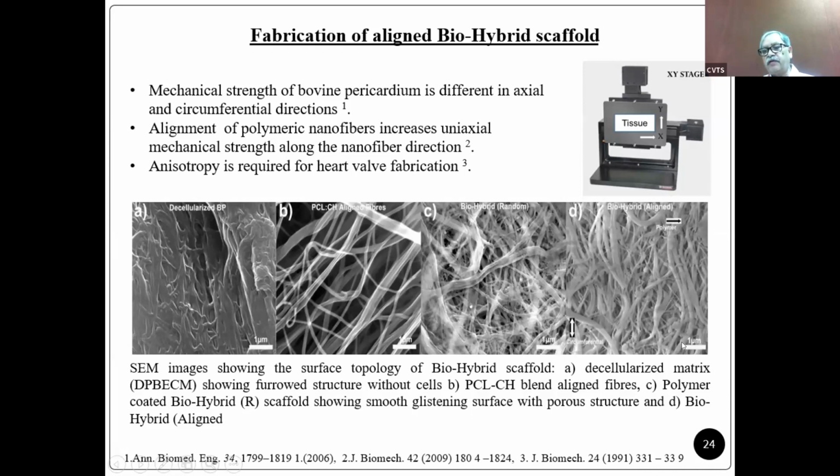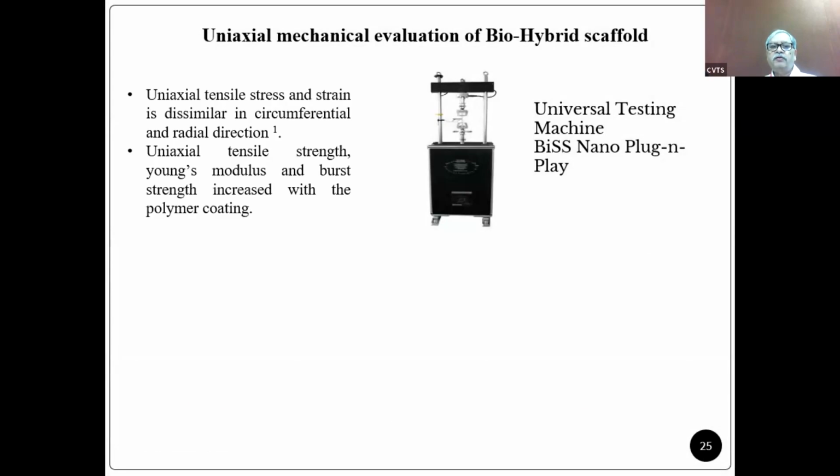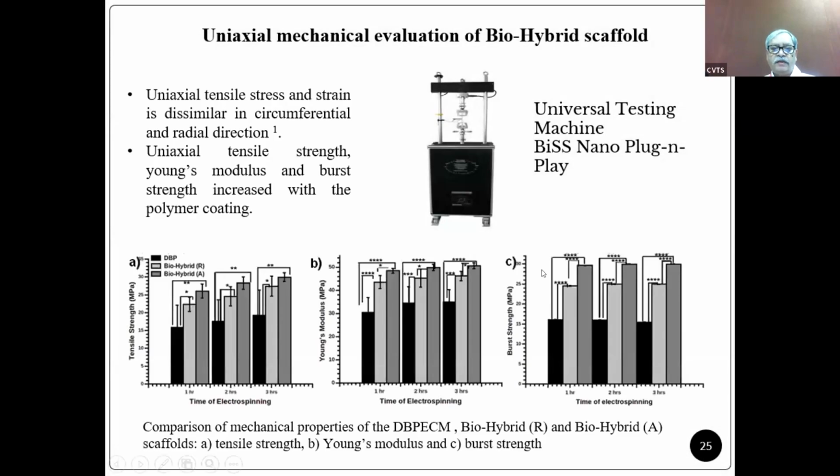Aligned means you can see the fibers are almost unidirectional. You don't find 100% unidirectional, but you have to do laser ablation for that, and then you can get those kinds of things. So uniaxial testing we have done, and you can see after tensile strength testing, the native versus this one shows increased strength. Unidirectional, I'm talking about, not bidirectional yet.